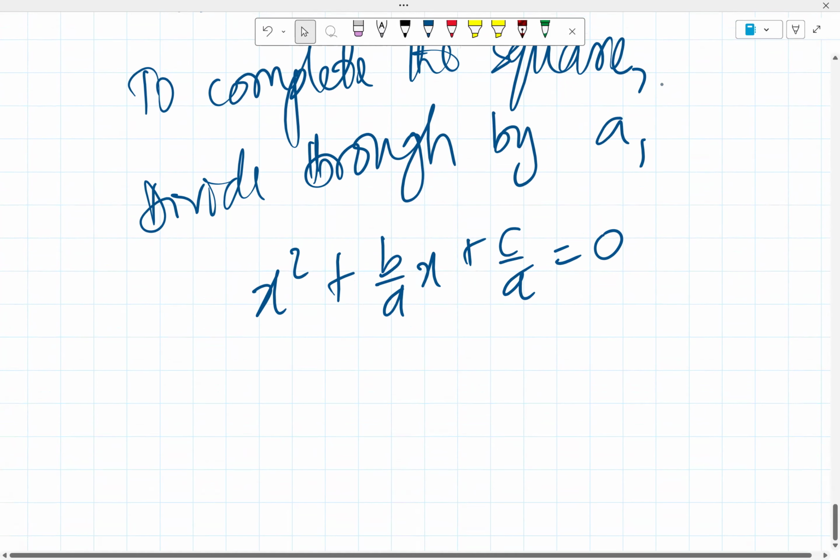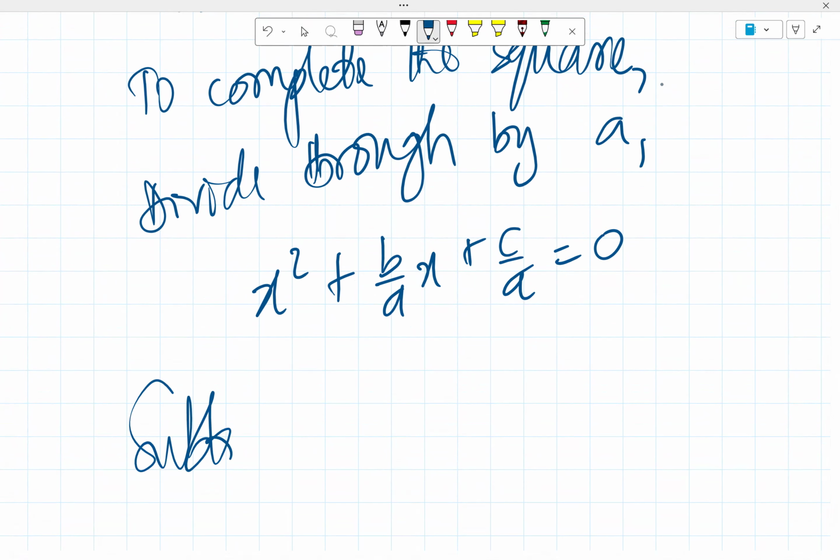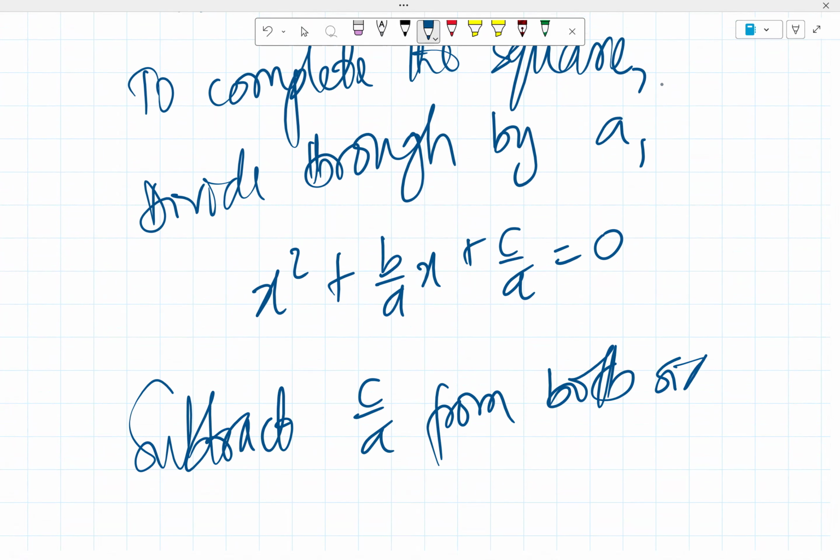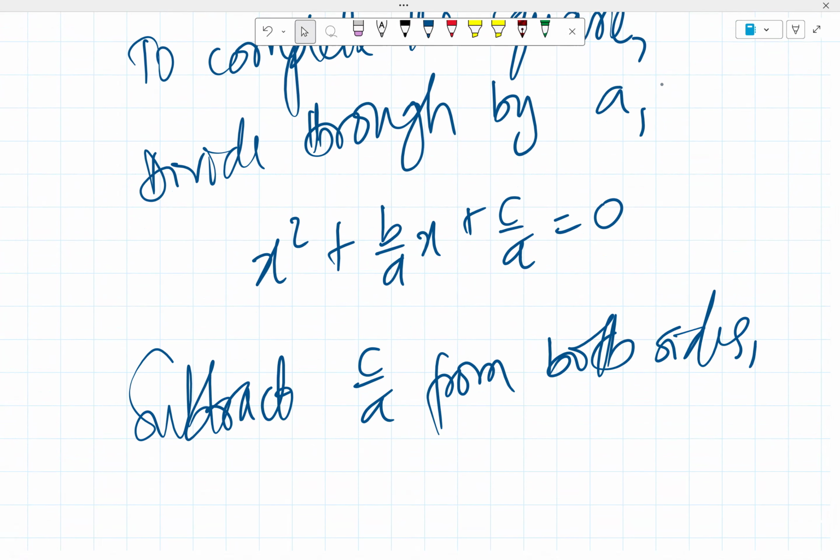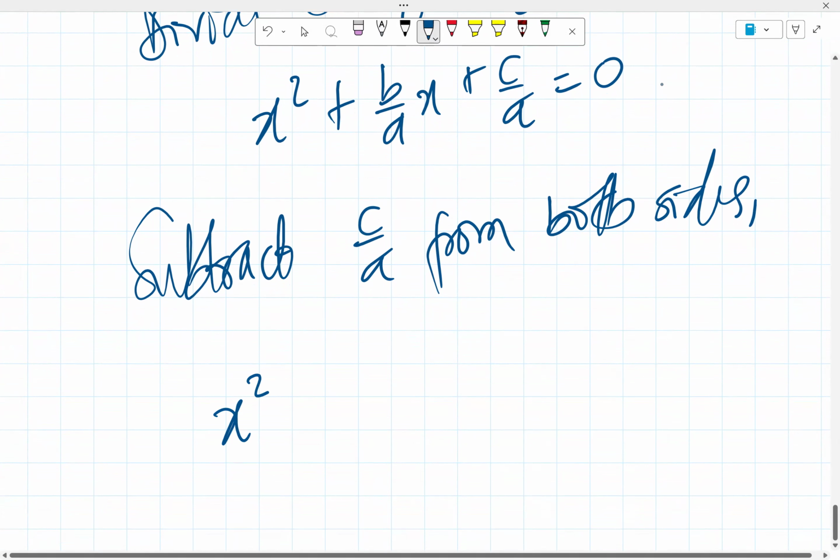Next thing, we subtract c over a from both sides, or you transfer c over a to the other side. That's another way to look at it. So we have x squared plus b over a x equals minus c over a.